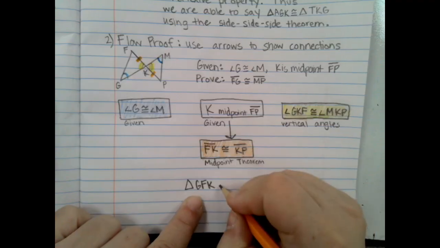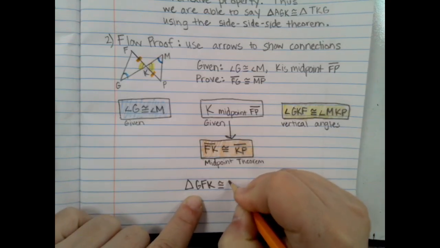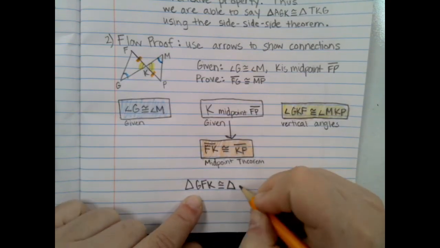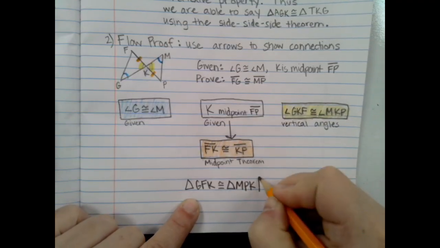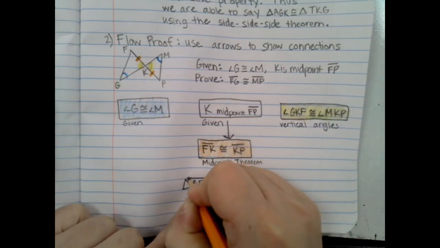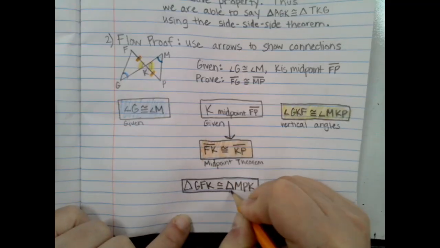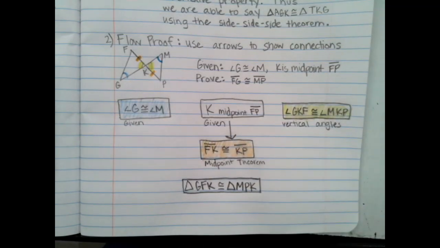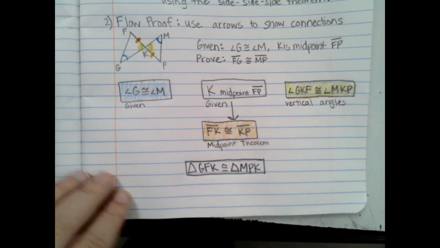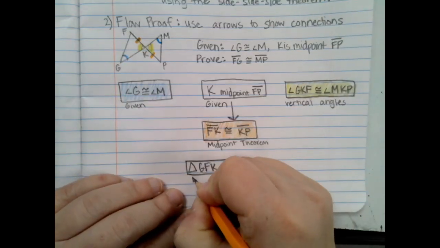Triangle GFK is congruent to triangle, we said MPK yesterday. And which theorem was that? Was it side, side, side, side, angle, angle, angle, side, or hypotenuse leg? Angle, angle, side. So AAS.